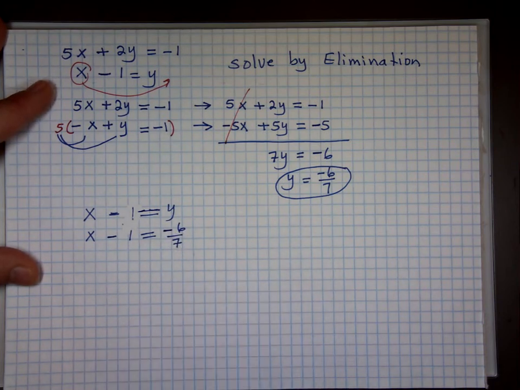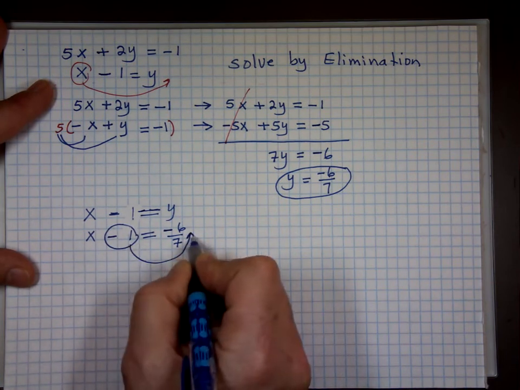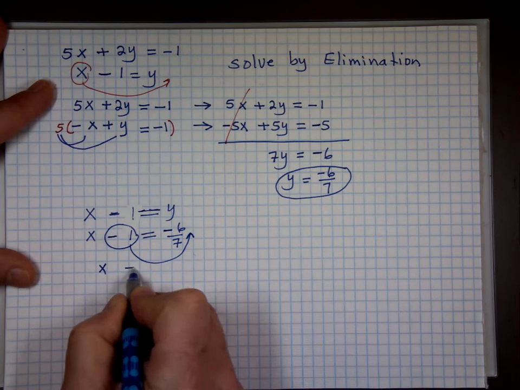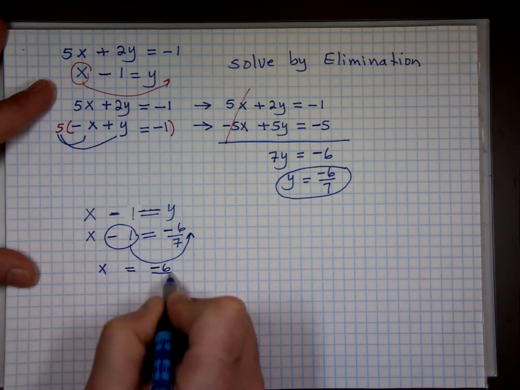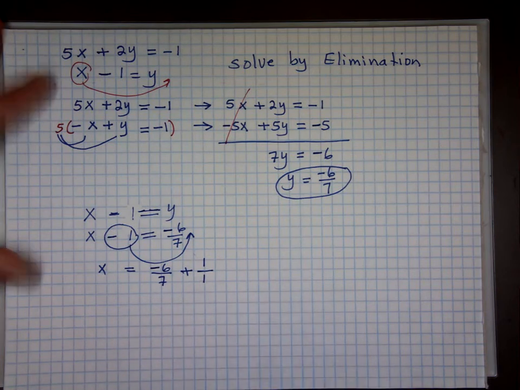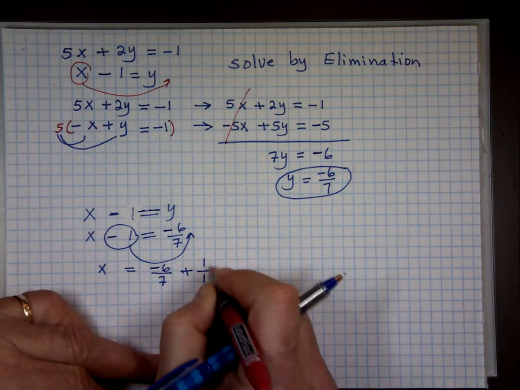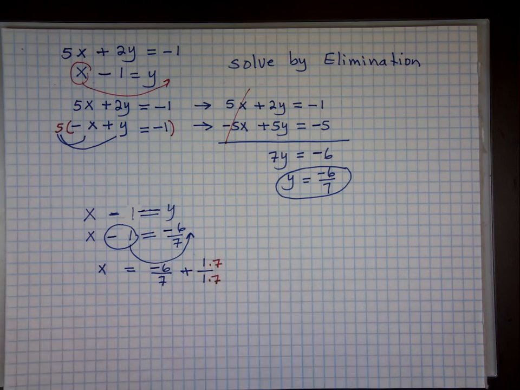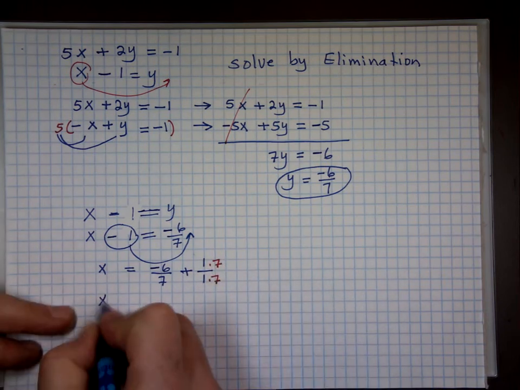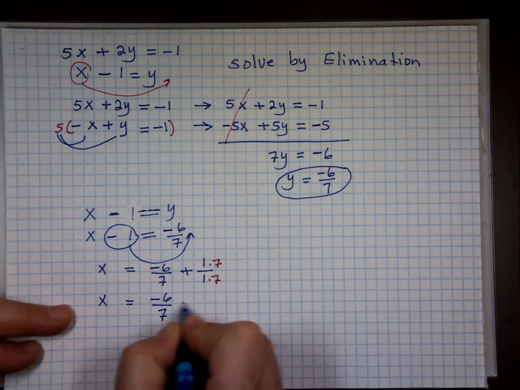You have to take that minus 1 from this side to that side, and it becomes a plus 1. Negative 6 over 7 plus the 1. The 1 is 1 over 1. Now remember, if you want to add fractions, you're going to need what? Common denominator, which is what? 7. x equals negative 6 over 7 plus 7 over 7.